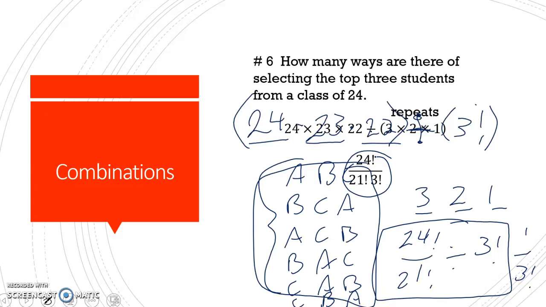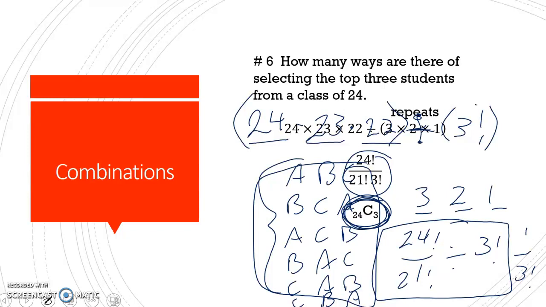That's exactly what your calculator does when it uses the combinations button. You can do that on your calculator as well by pressing 24 first, going to math, going over to probability, going to nCr, because here it doesn't matter what order those 3 people are in.